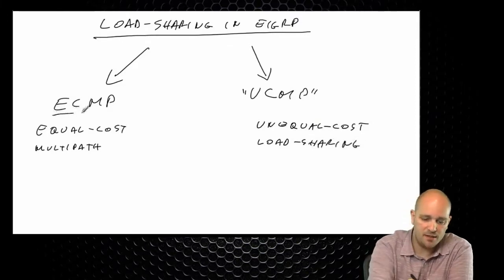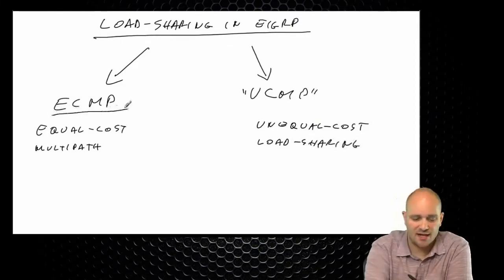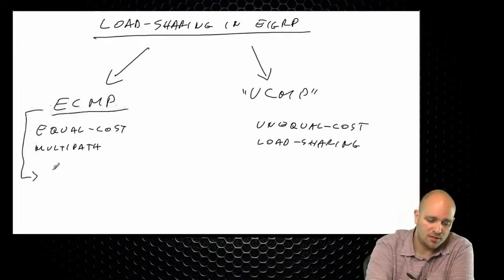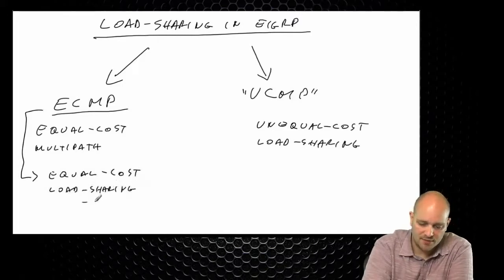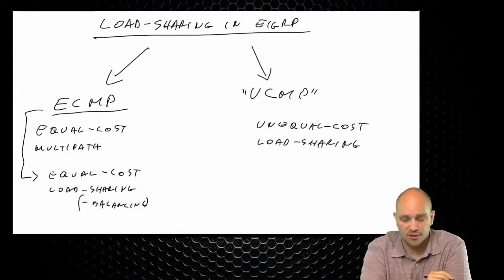Now ECMP here is a relatively standardized name for something that is also simply called equal cost load sharing. Of course, you know that sometimes sharing is also called balancing, but I personally dislike using that term.